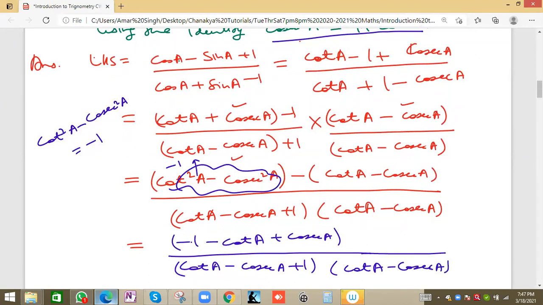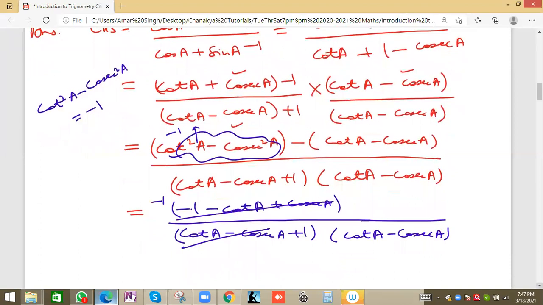So this will cancel out these two terms with minus sign, and basically we get this value 1 by cosec A minus cot A.